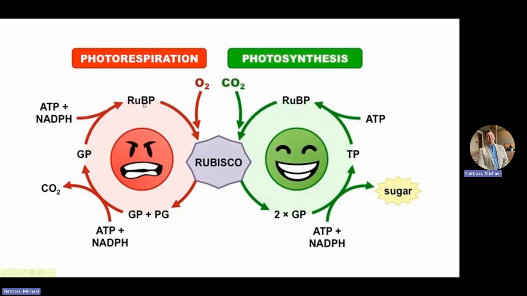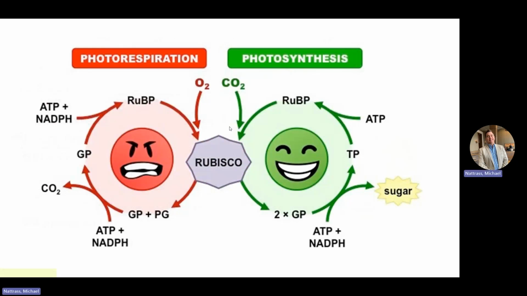And we don't really make back any RuBP. So photorespiration is a very inefficient process. Photosynthesis is efficient because it is sustainable. We take the carbon dioxide in and we continue to make the energy both for the plant and for the Calvin cycle to continue its process.